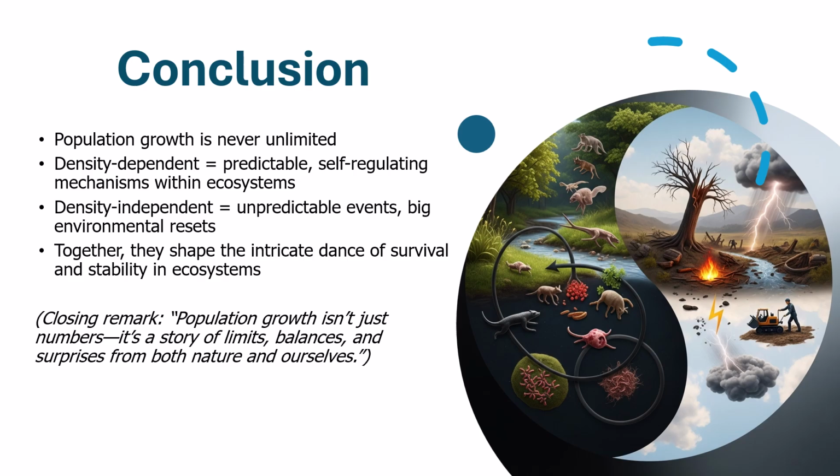Together they form the yin and yang of population dynamics: internal controls balanced by unpredictable environmental shocks. Understanding both isn't just academic, it is essential for managing ecosystems, conserving biodiversity, and planning humanity's future. Population growth isn't indefinite, it is negotiated between survival strategies and ever-changing environmental conditions.